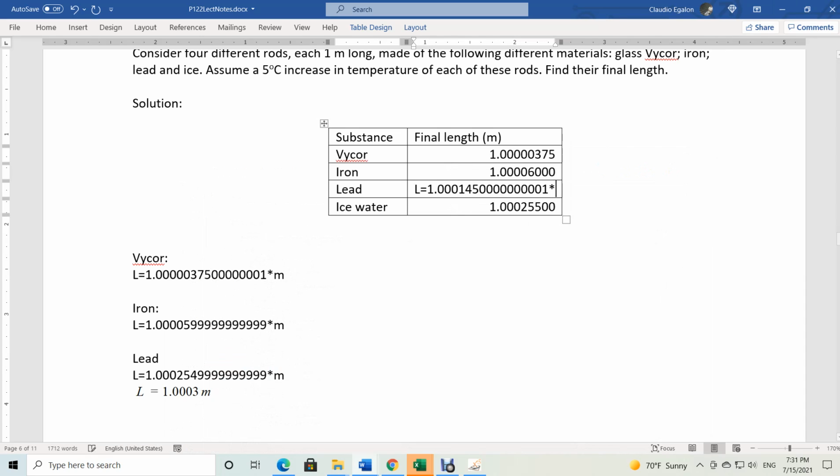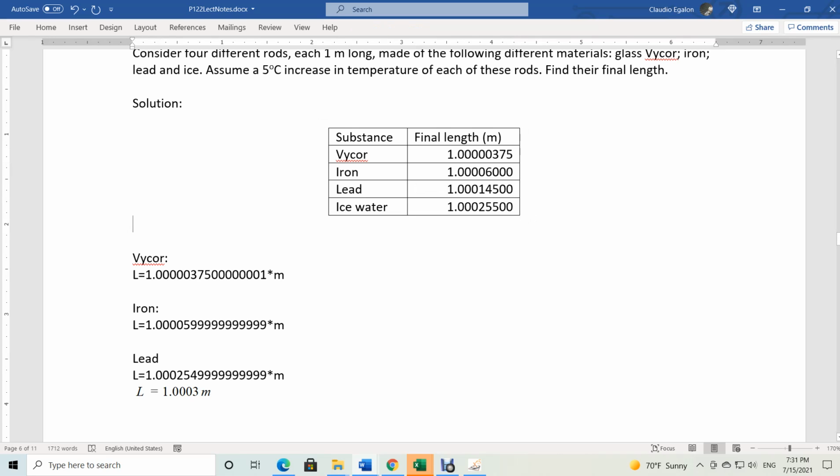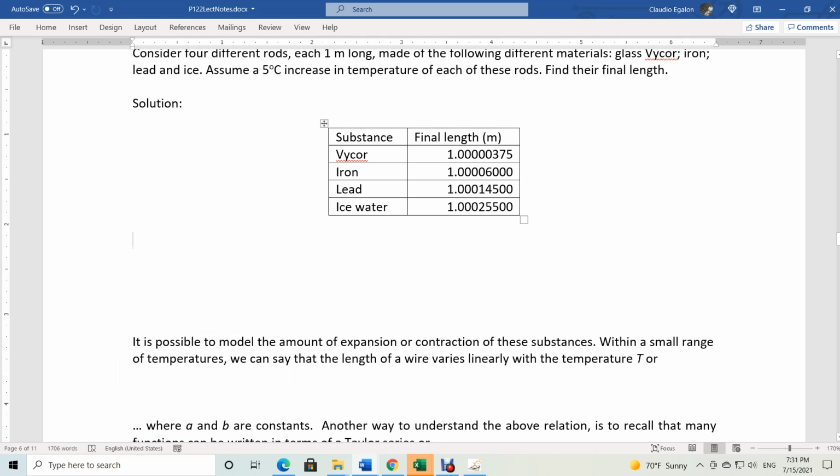Yeah, lead is definitely different. Okay, like that. Iron. It's a very small change, okay?